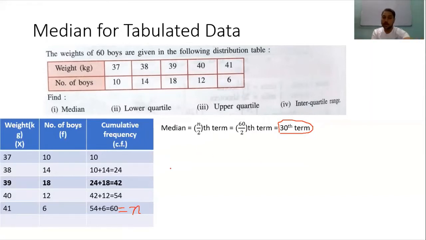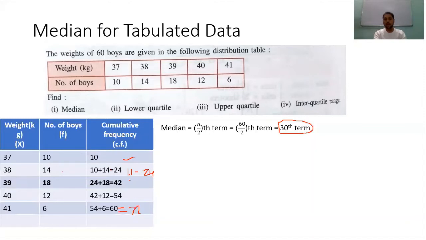Now look at the table here. First from 1 to 10, here we have the first 10 terms, then 11 to 24, we have the next terms in the second part here.